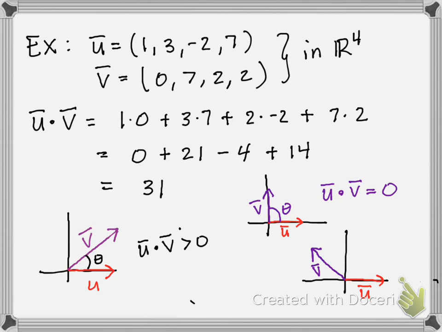Well, then the angle between u and v is now obtuse. Here's the angle theta. Cosine of an angle between 90 and 180 is negative. So the dot product in this case is definitely negative. I hope you understand those three cases.